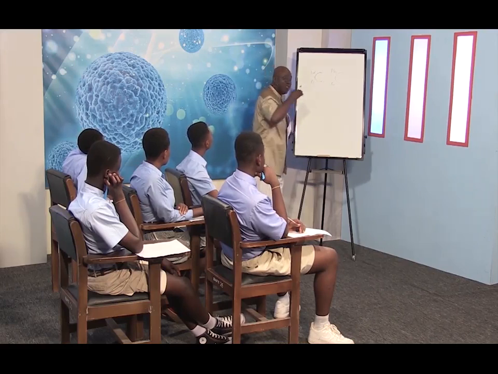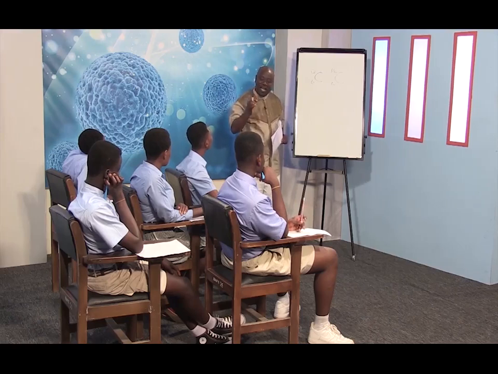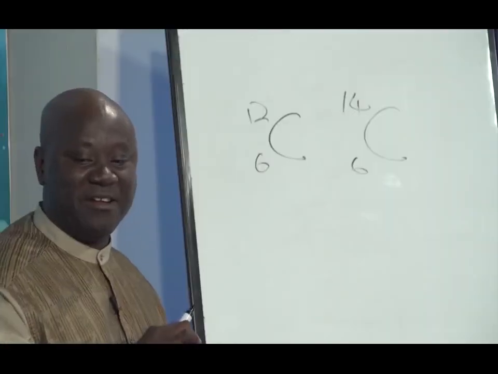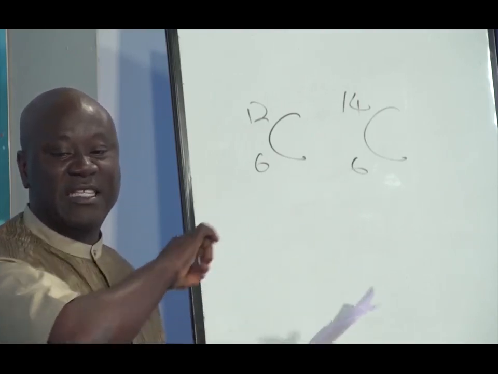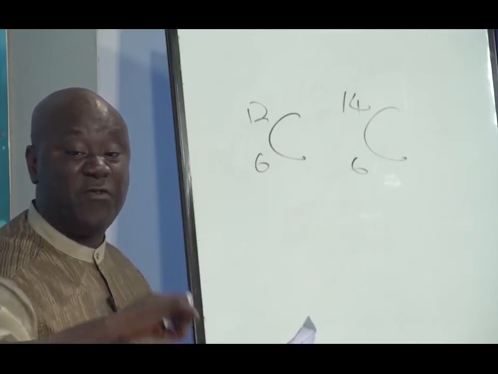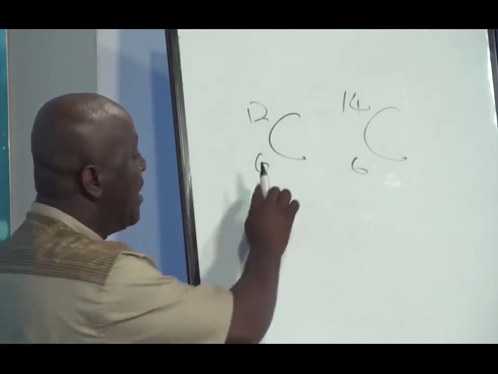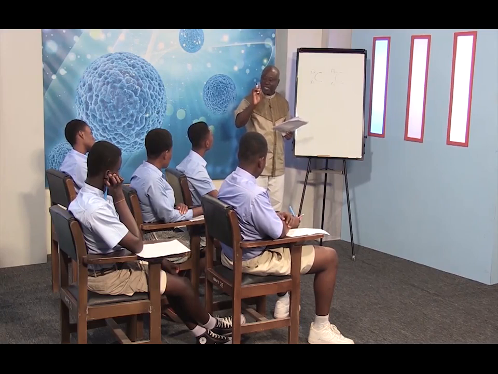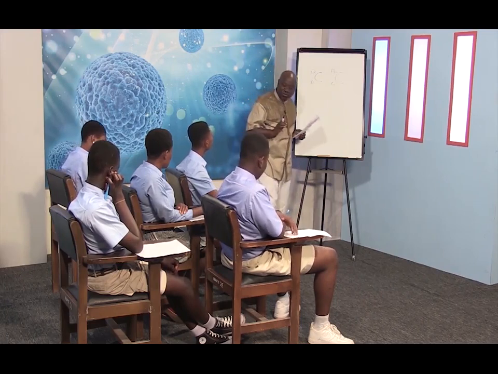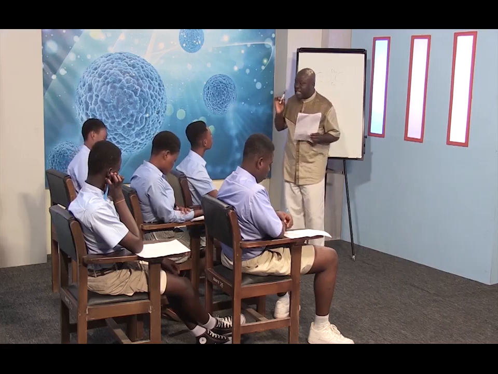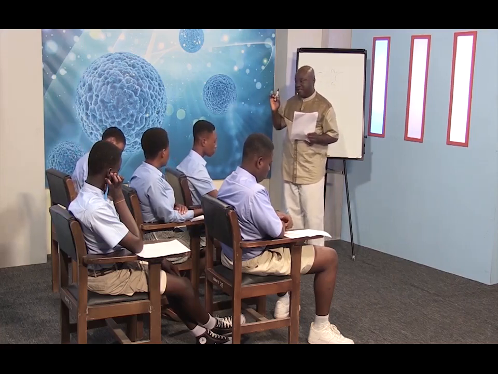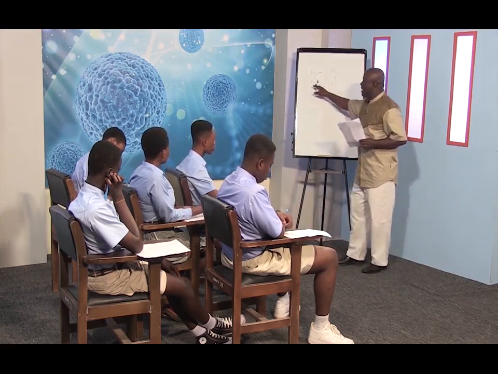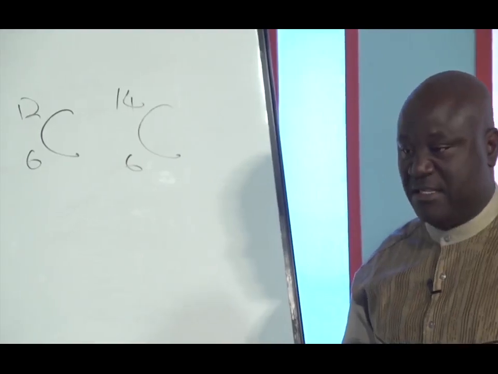So these two are atoms of the same element called carbon, having a unique atomic number of 6, and not the other way around. They are not elements of the same carbon. If you say they are elements, that means they have different atomic numbers. But once the atomic numbers are the same, they are given one name, and that name is carbon. So isotopes are atoms of the same element, having the same atomic number, but different mass numbers.